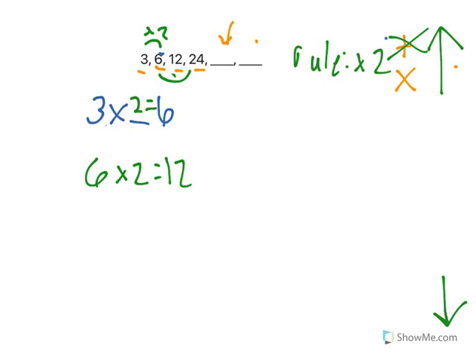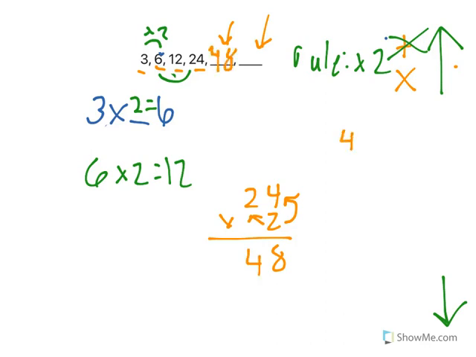But now I need to find my missing numbers. And if you notice, I have 2 missing numbers this time. So for the first missing number, I'm going to do 24 times 2, which would be 48. Then I'm going to do 48 times 2.